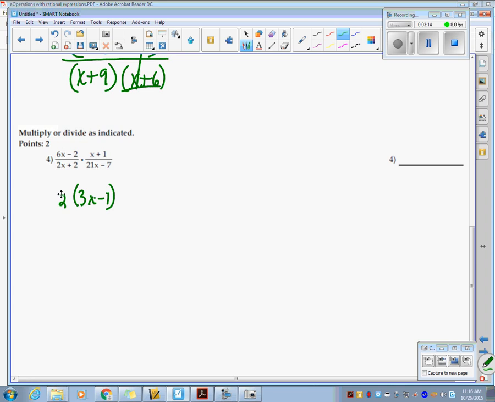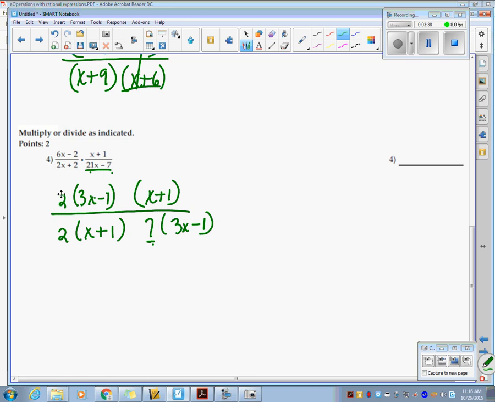And this one is already factored, so we'll just rewrite it. And the bottom is 2 times x plus 1, and 7 times 3x minus 1. The common factors for these would be 7. 7 times 3x is 21, and 7 times -1 is -7.